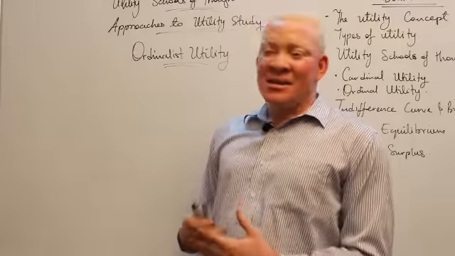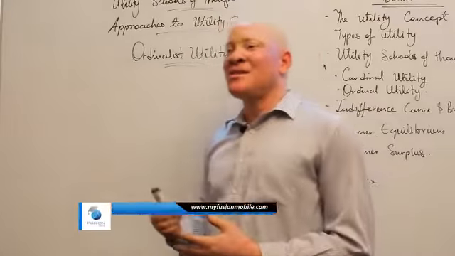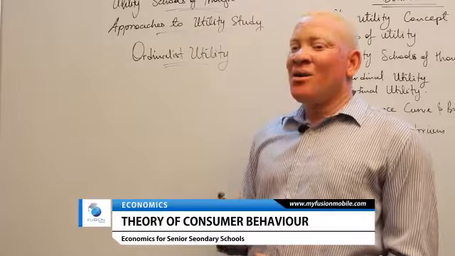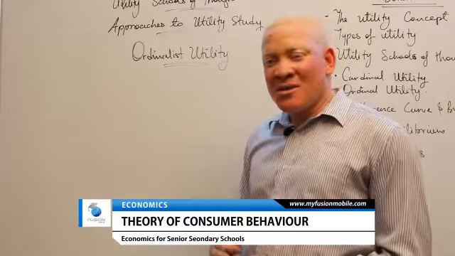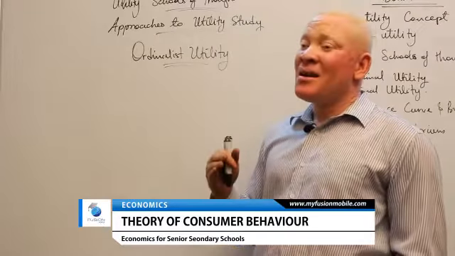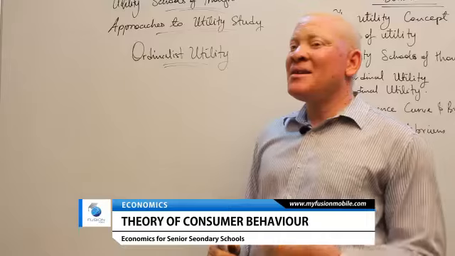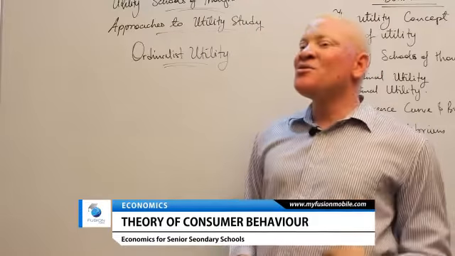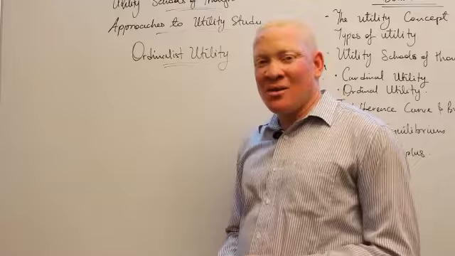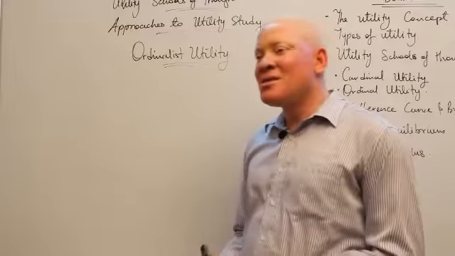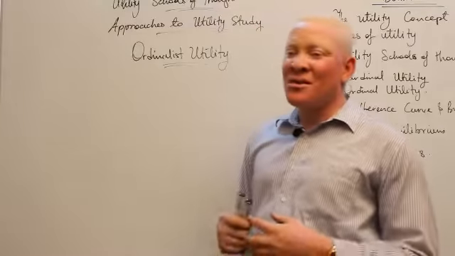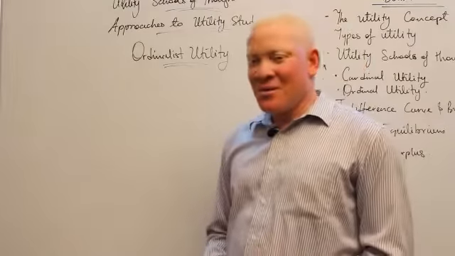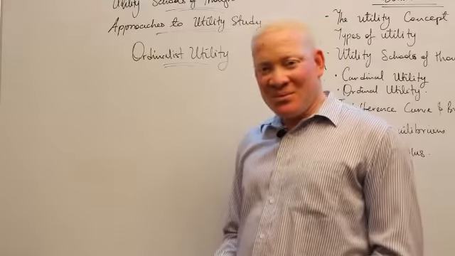The ordinal school says that the utility derivable from a commodity is only specified by the quantity of that commodity a consumer puts among his level of preference. That is the quantity of that commodity which the consumer is willing to demand or willing to consume.